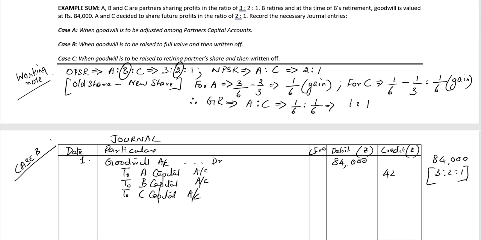We have 42,000 against partner A, 28,000 against partner B and 14,000 against partner C, being goodwill raised to full value.